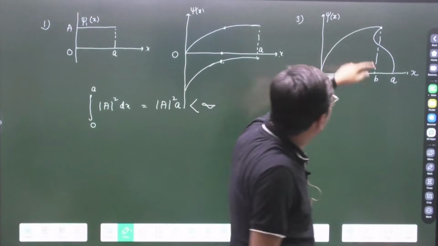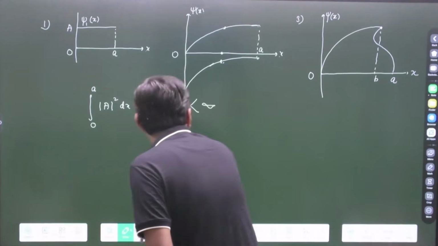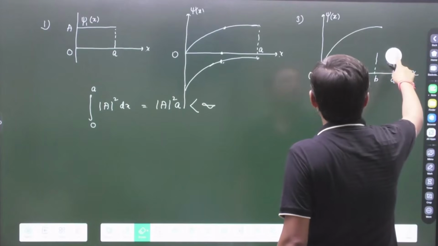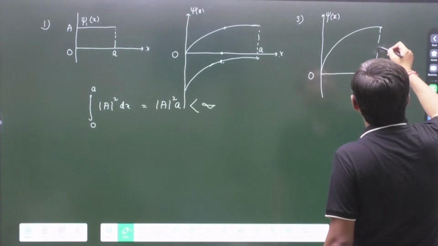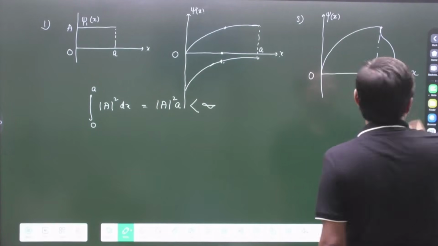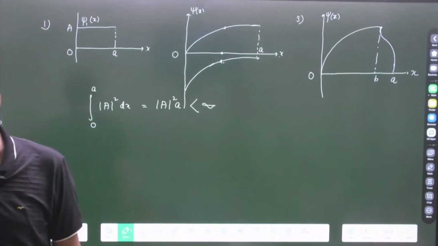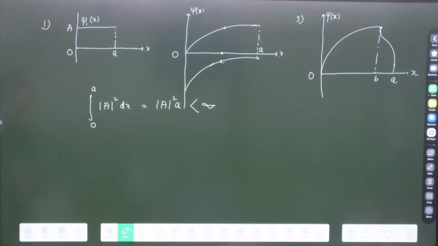If you look here, अगर इसे मैं थोड़ा और सही कर दूँ, if I make it like this, चलो इसका multi-valued हटा देते हैं. I make it like this. So there is a discontinuity in slope. So this is discontinuous. So this is not acceptable. This is not acceptable wave function.